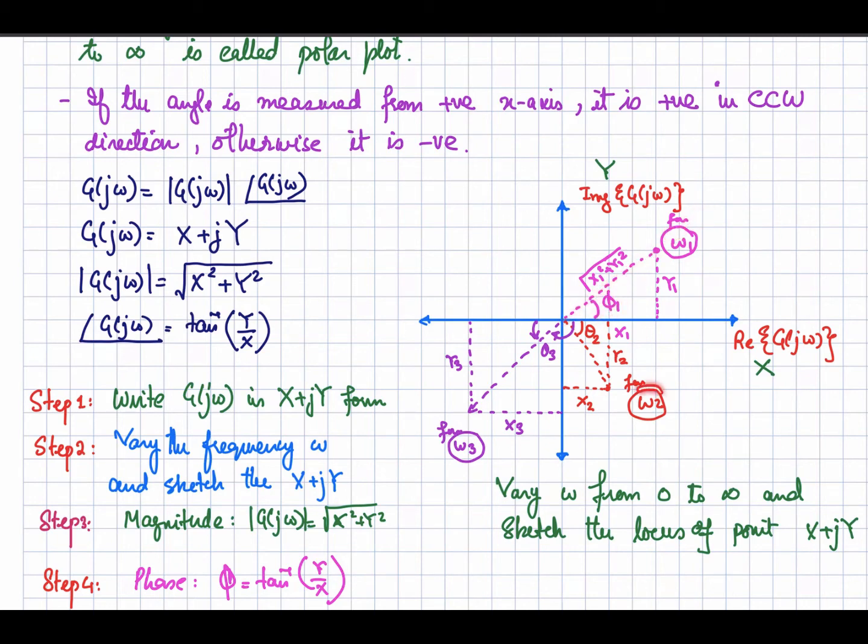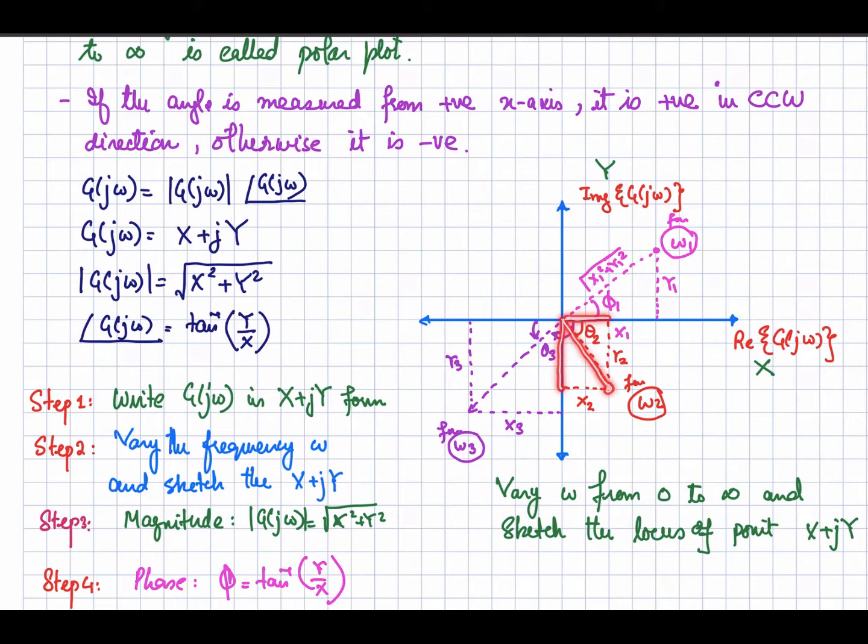Suppose you have another frequency, ω2. At that frequency, the sinusoidal transfer function will have this magnitude, and in terms of polar coordinates it will be x2 plus jy2. This is x2 and this one is y2.